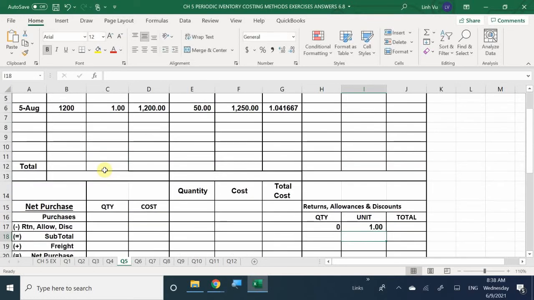So if I'm attempting to return 200 items but getting a 20% discount, what should be the amount I get back? $40. So 200 times $1 times 20% gives you $40.